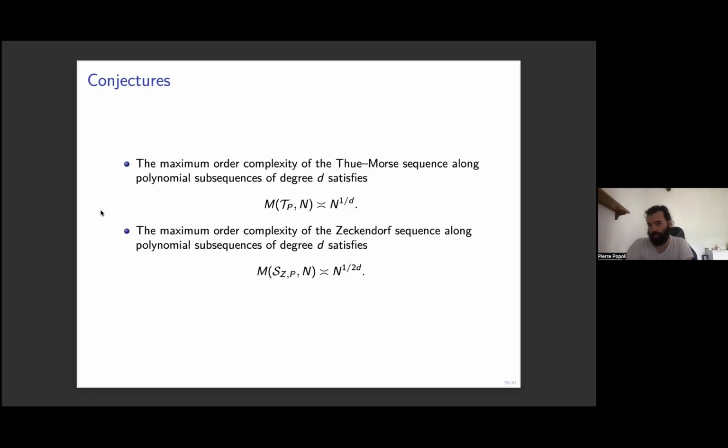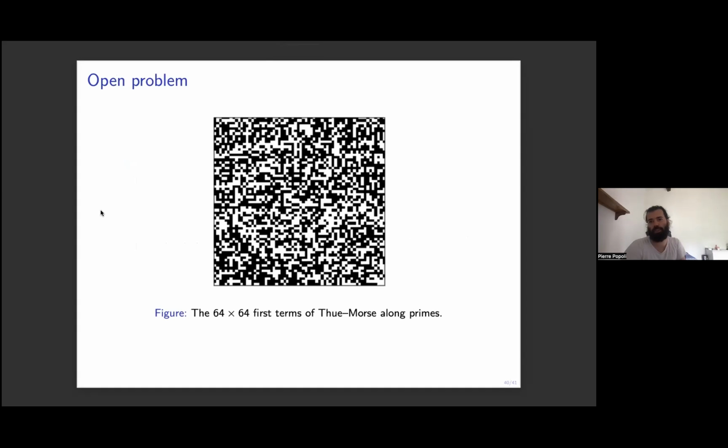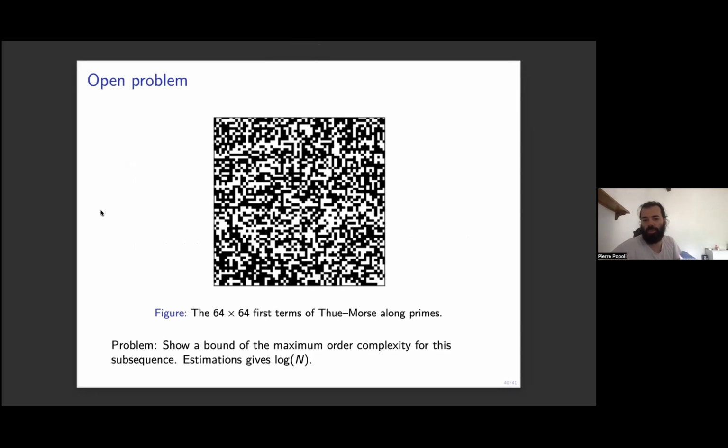And an open problem is you can look for other subsequences, not only polynomial subsequences. And here are the 64 times 64 first terms of the Thue-Morse sequence along primes. So there is no structure, and so the other problem is to prove a bound for the maximum order complexity of this sequence.